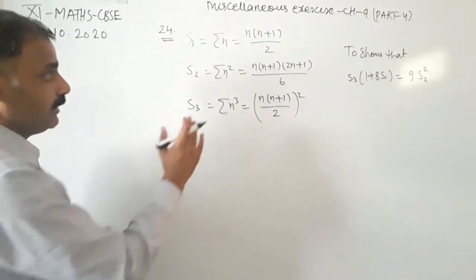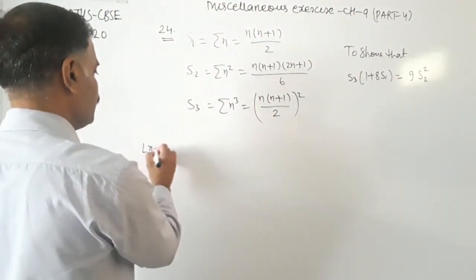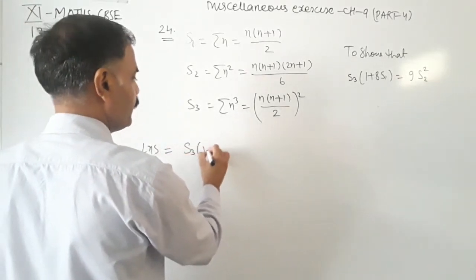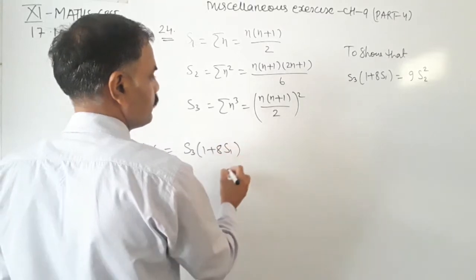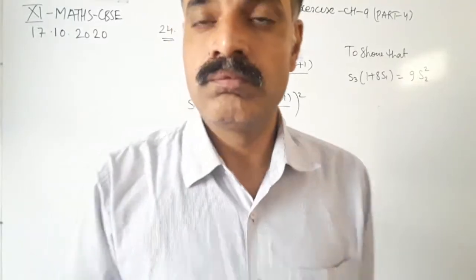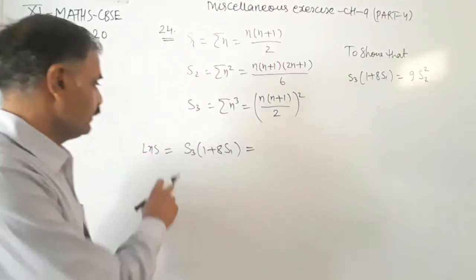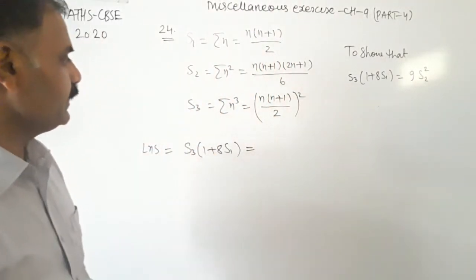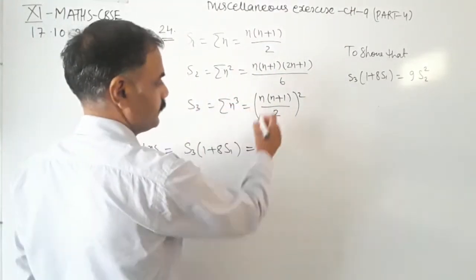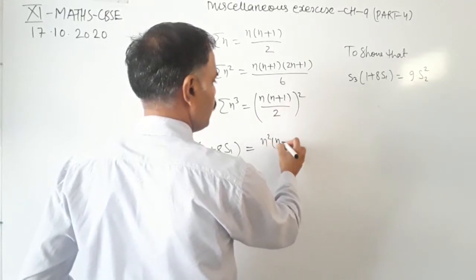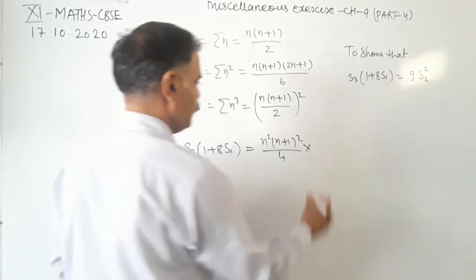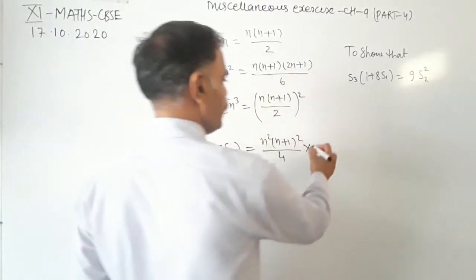So let us start with the left hand side. Left hand side is equal to S3 multiplied by 1 plus 8 S1. S3 is n square into n plus 1 whole square upon 2 square, that is 4, multiplied by 1 plus 8 into S1.